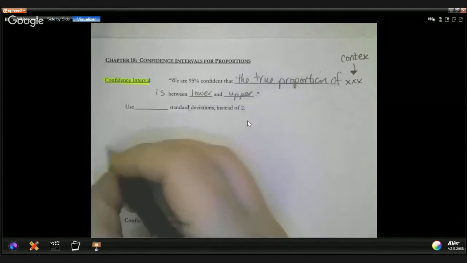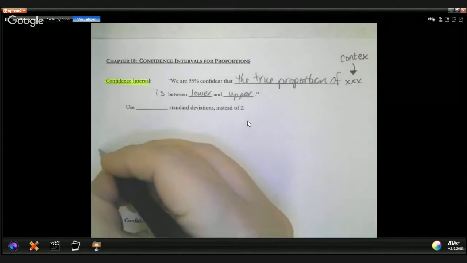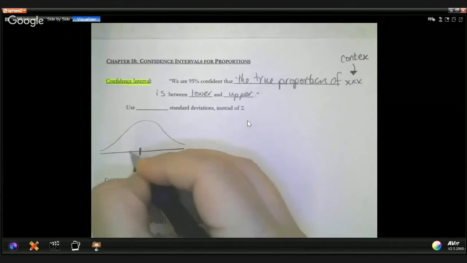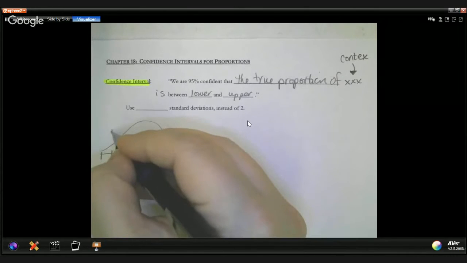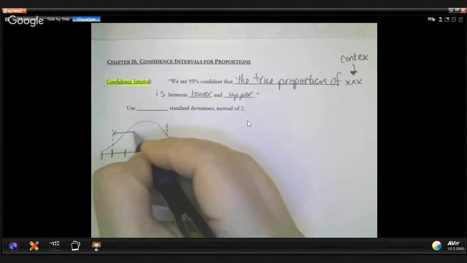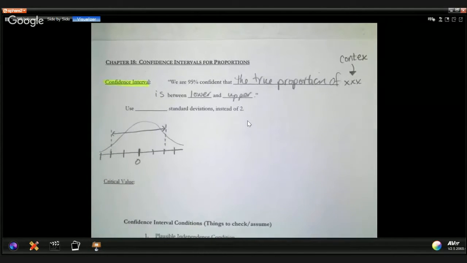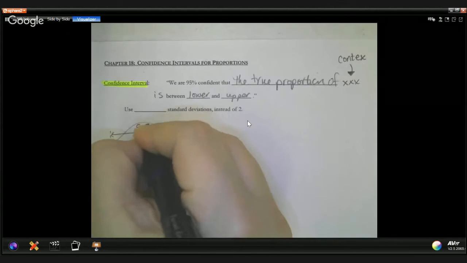Okay. So in the past, when we've been drawing on a normal curve, we always put the mean in the middle, right? And we're going to do a basic one that's based off 0. And we know we've been saying that 2 tick marks away is 95%. But really, if I'm 95% of the way, I'm not exactly 2 tick marks away.